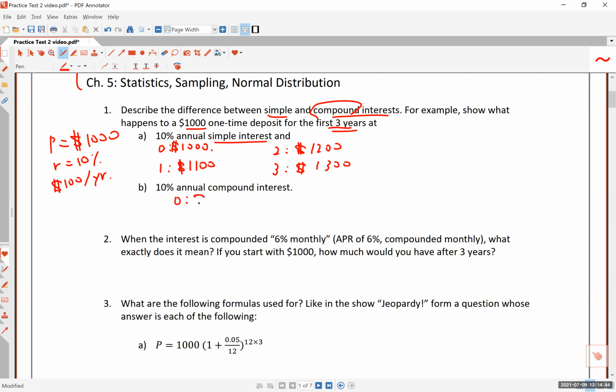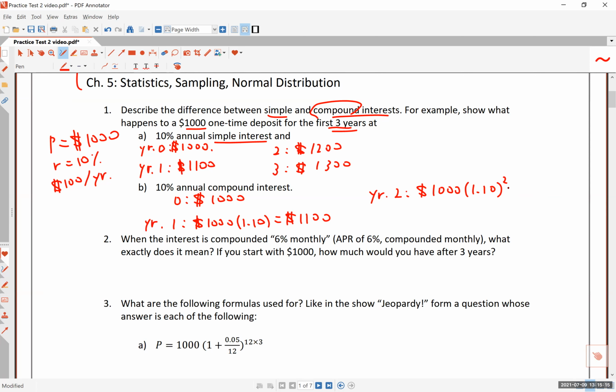For compound interest, you start with $1,000. After year 1, what you do is you add 10% to that. And of course, after 1 year, the amount is exactly the same as under simple interest. After year 2, though, this is going to be different because now you multiply 1,000 by 1.10 squared, right?